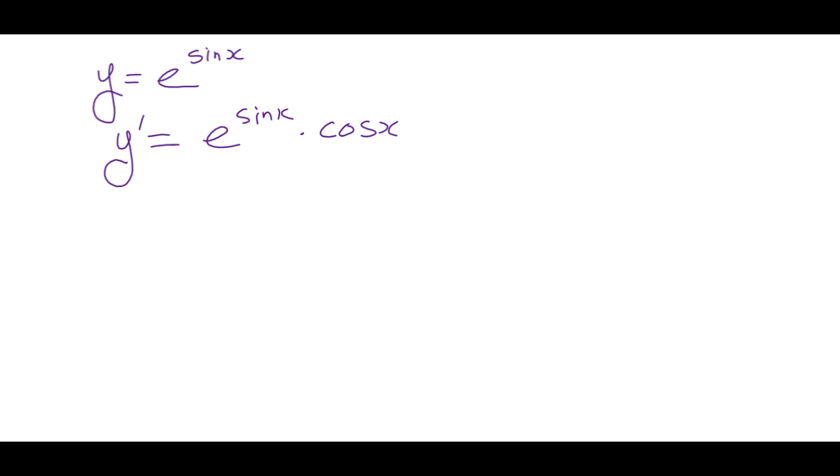So let's take that up a notch. Let's do e to the secant 3 theta. When you see e to the anything and you're doing your derivative, you just start off with the e to whatever it was. So this starts off as e to the secant 3 theta.